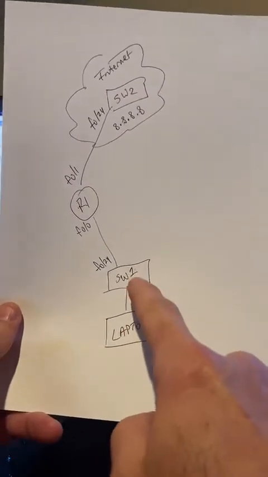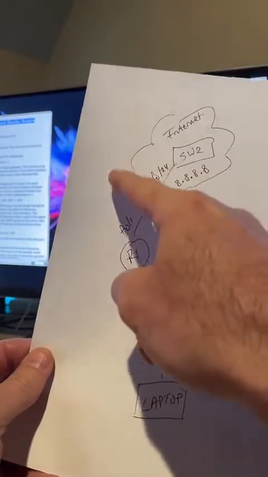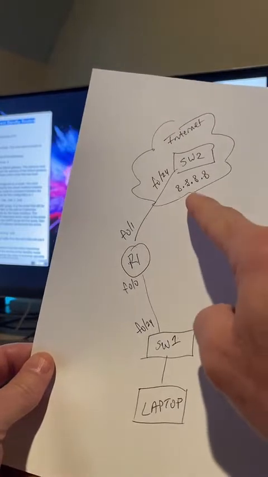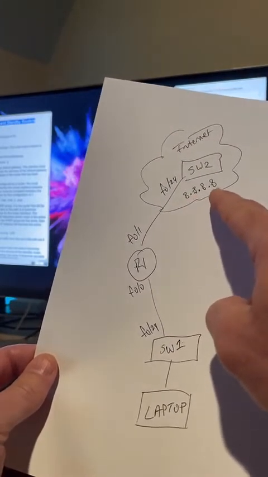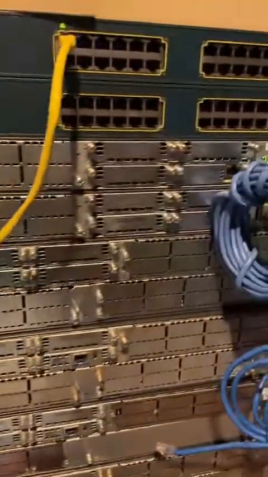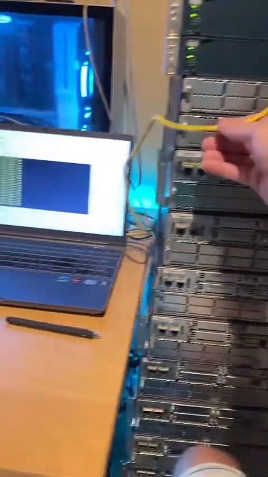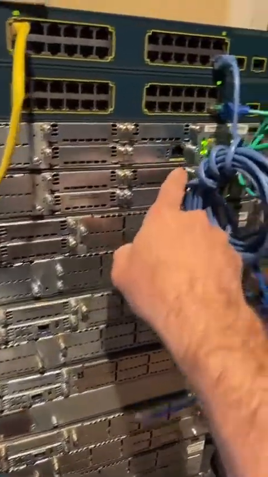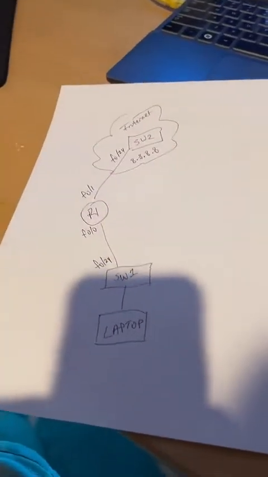We have a laptop connected to a switch that's connected to a router that's connected to another switch that we're simulating as the internet, and we're pretending it's like a Google DNS 8.8.8.8. Here's the laptop, here's switch 1 that the laptop is connected to, here's router number 1, and here's switch number 2.